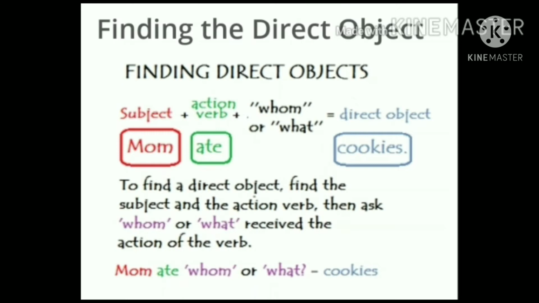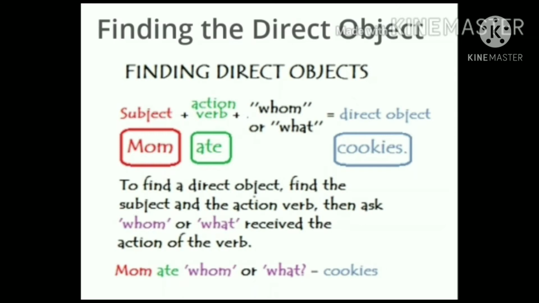Okay, now what is a direct object? As you can see, now how we can find a direct object. Subject plus the action verb plus what or whom, that makes the direct object. Example: mom ate cookies. Now to find a direct object, find the subject. Here the subject is mom and the action verb is the word ate.